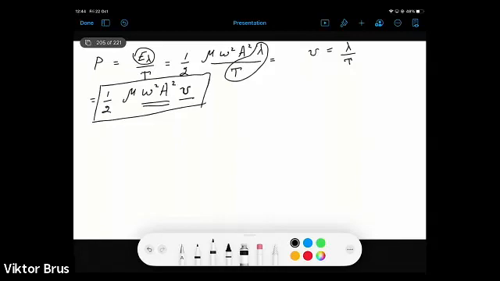That could be required in solving problems related to energy transferred by waves. So please remember this equation and be ready to use it in applications.